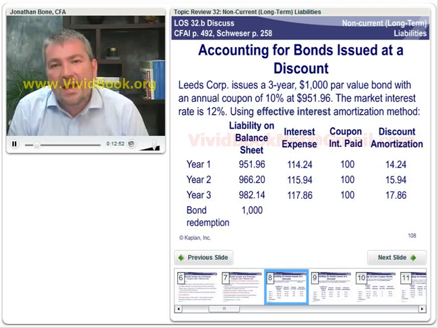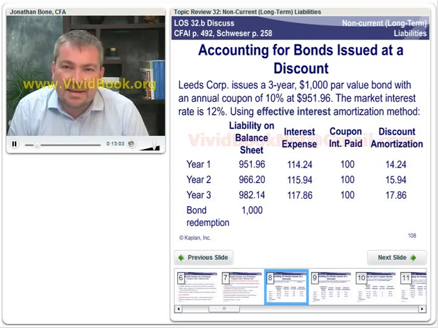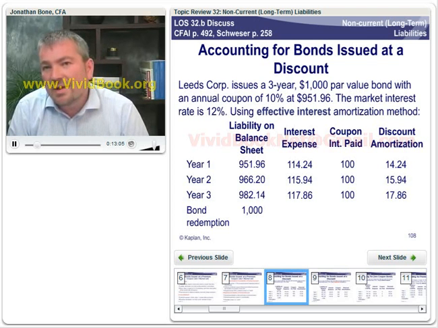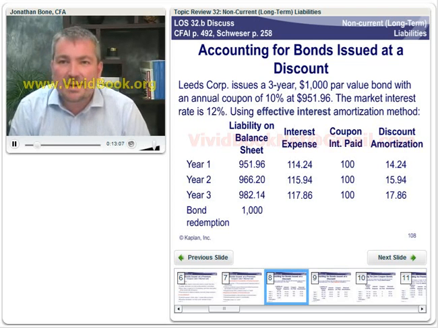Now compare that to the coupon paid that passes through the cash flow statement. The interest paid in the cash flow statement is only $100, the coupon. The difference between the interest expense in the income statement and the coupon paid is the amortized discount. So our amortized discount in year 1 is 14.24.